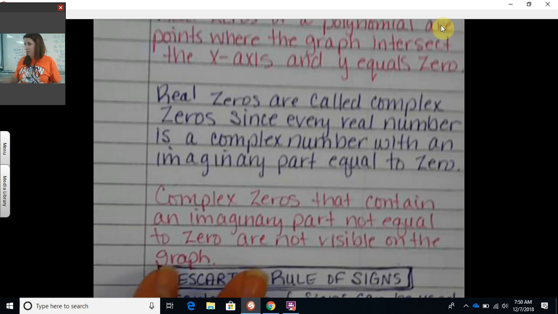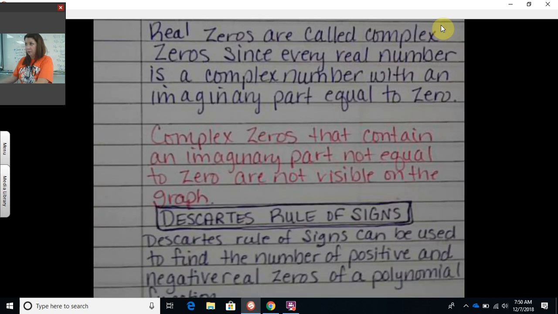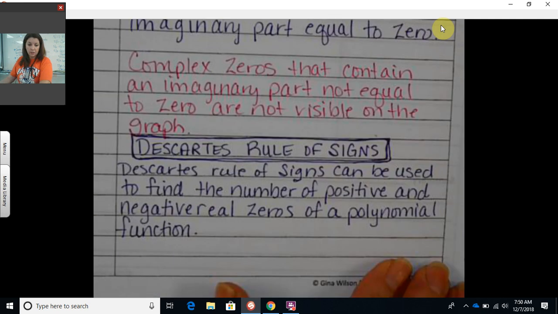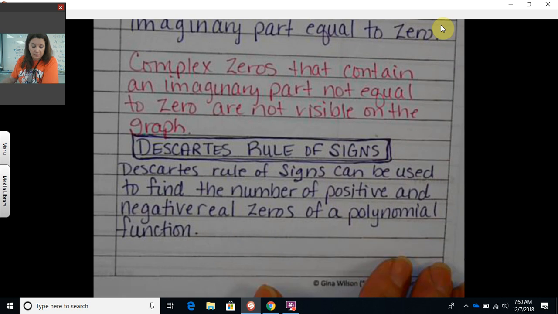Everybody have that? Before I flip the paper over? So I have more stuff to write about that on the back side.